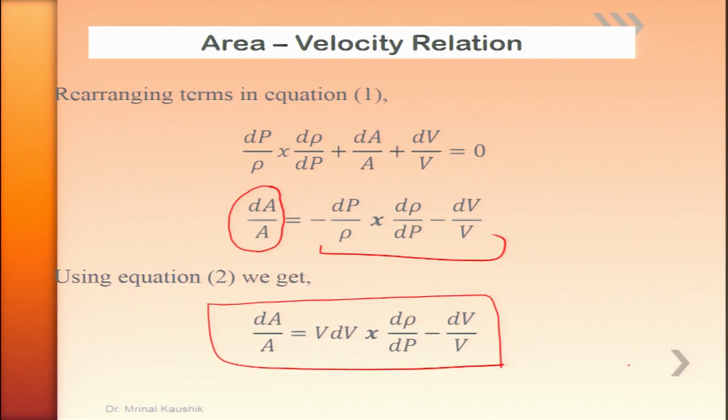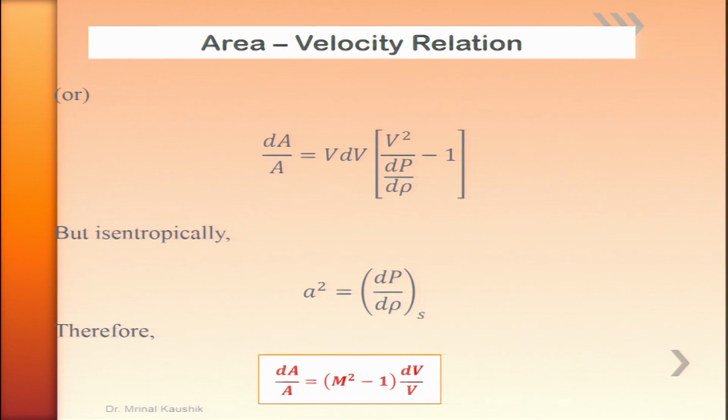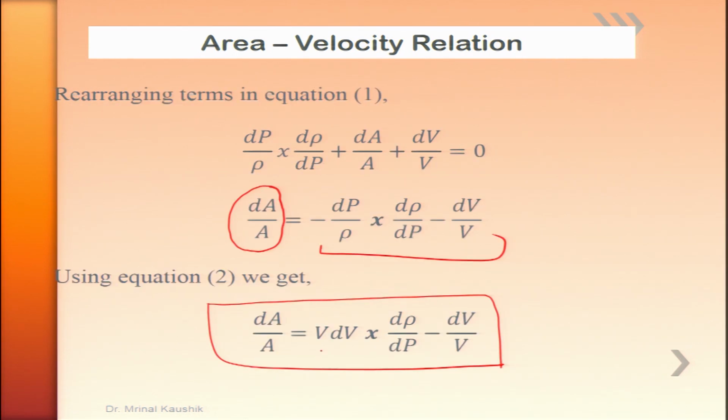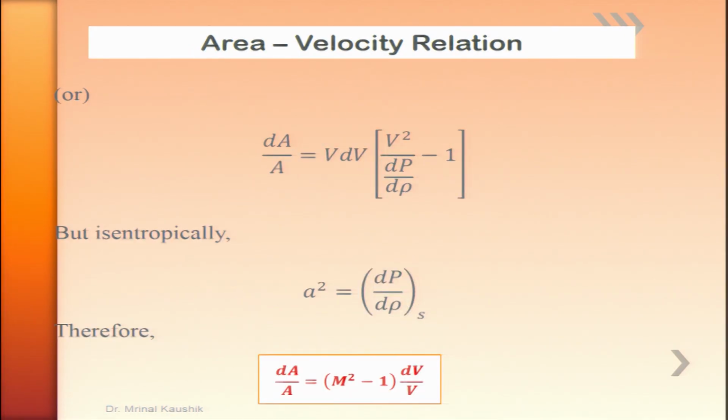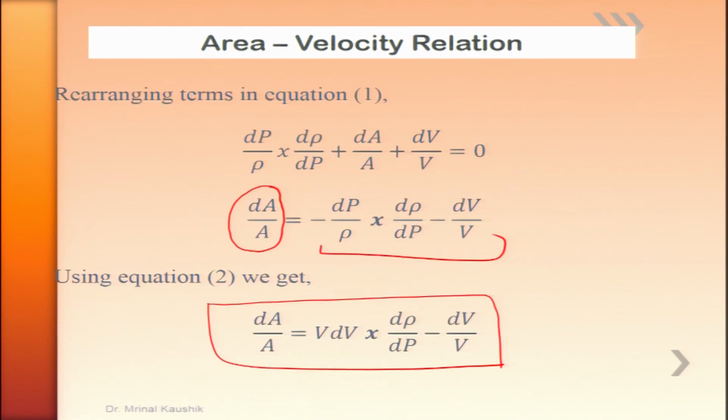Now, if we keep it here, we can take V dV common. In doing so, dV will come out, V dV outside of the bracket, then we are left with d rho by dP minus, and then taking V dV common, it leads to something around 1 minus V square.